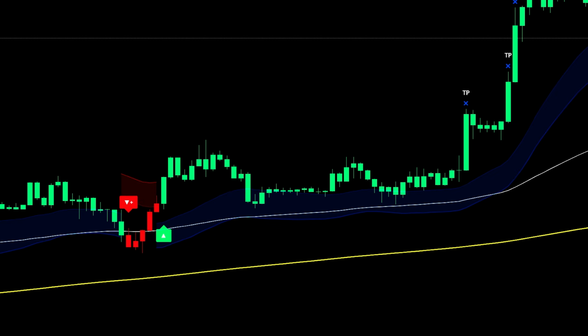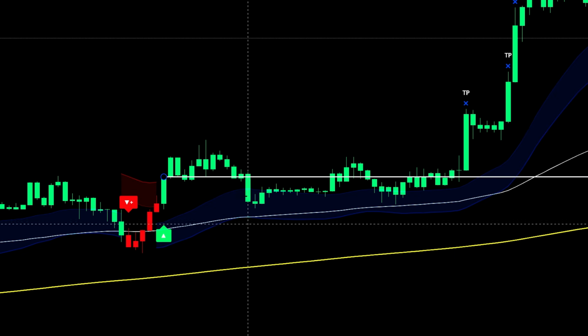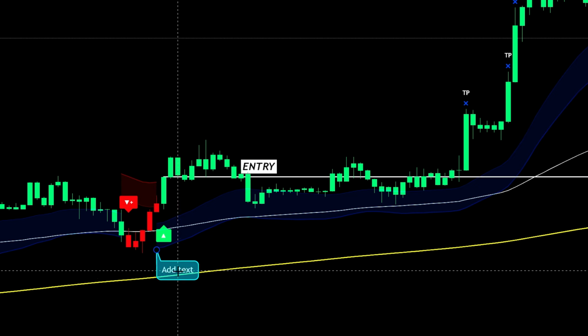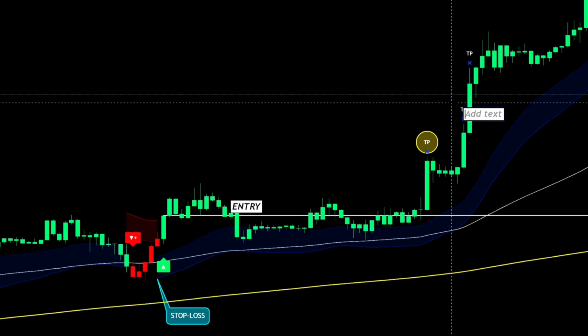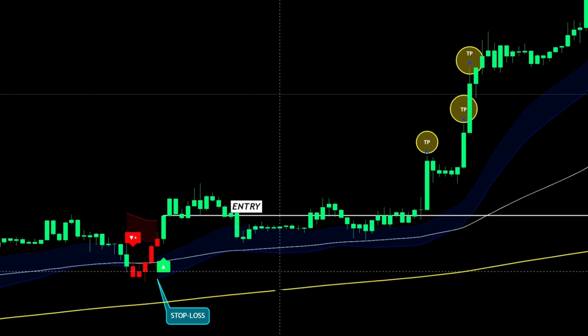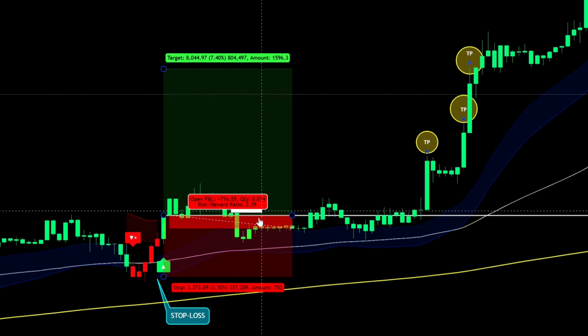Enter at the close of the signal candle. A stop loss just under the ribbon. And again, targets already marked. It keeps things structured and consistent.